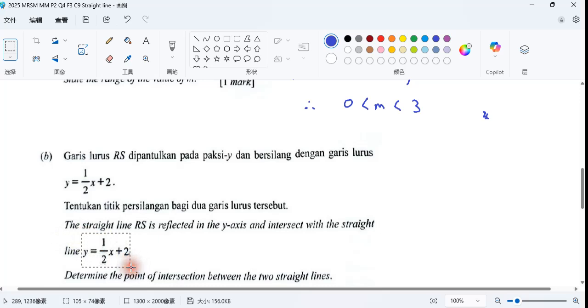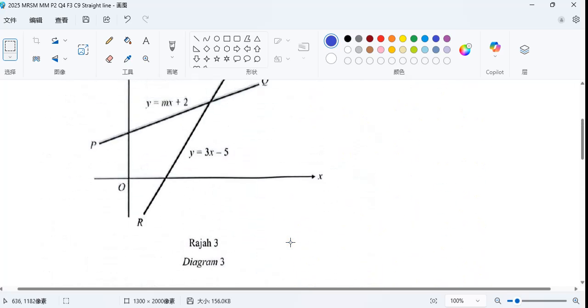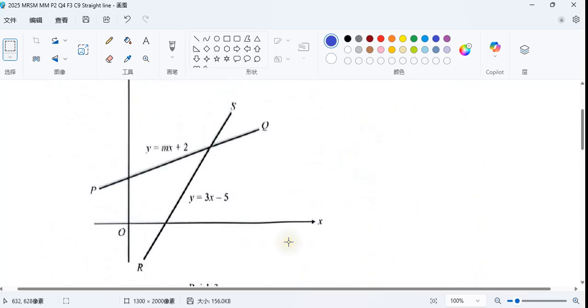Determine the point of intersection between the two straight lines. So we have y equals half x plus 2. Maybe this PQ is y equals half x plus 2.